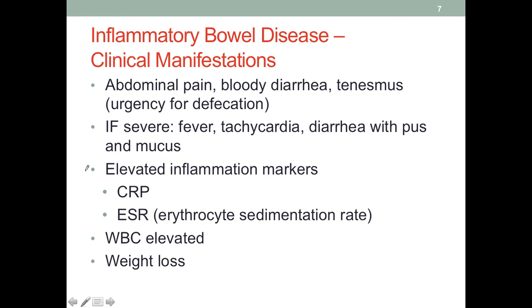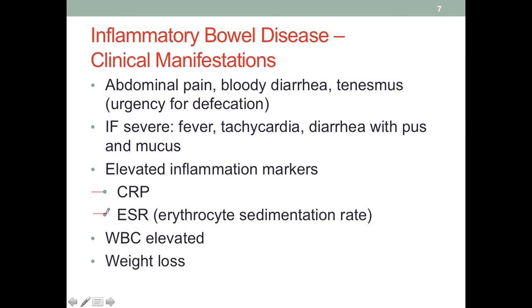In lab work, it's very common to see elevated inflammation markers in these patients. CRP is a well-known, commonly used inflammatory marker. And ESR, erythrocyte sedimentation rate, here we're looking at red blood cells.